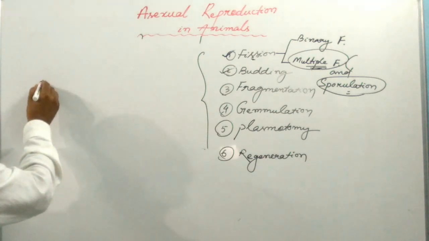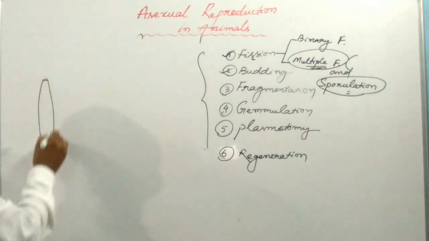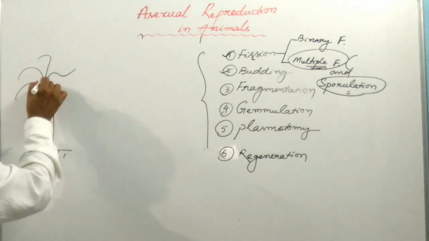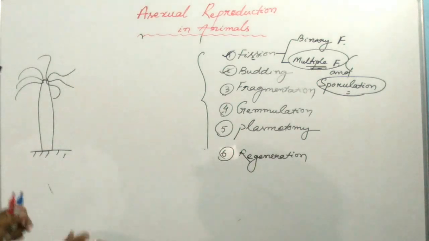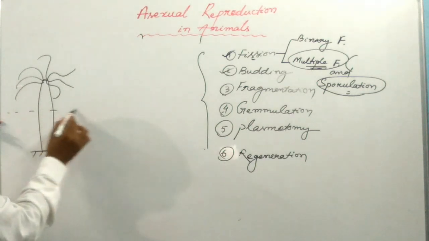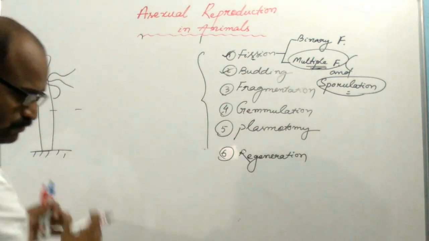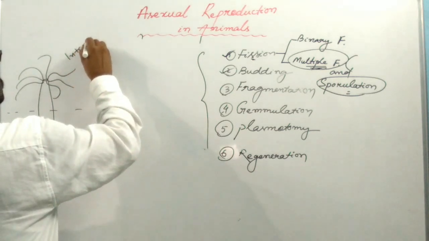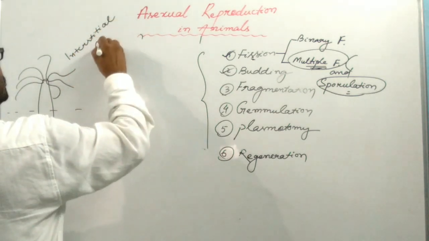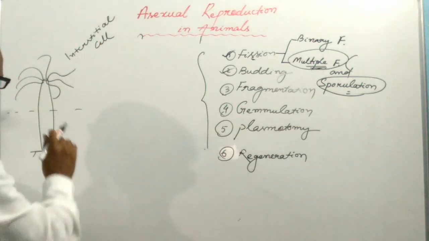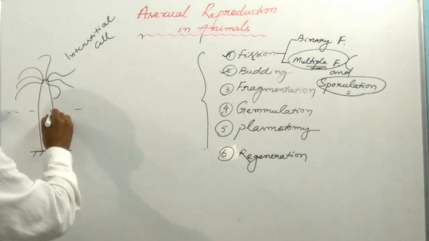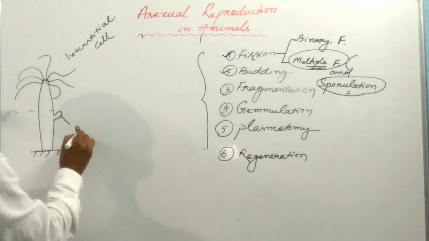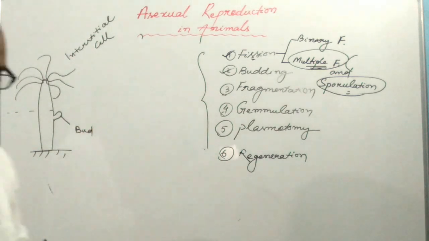Suppose that this is the hydra, and these are the tentacles present around the manubrium. Just below the middle portion, the interstitial cells of the ectoderm divide and redivide, which produces an outgrowth known as the bud.